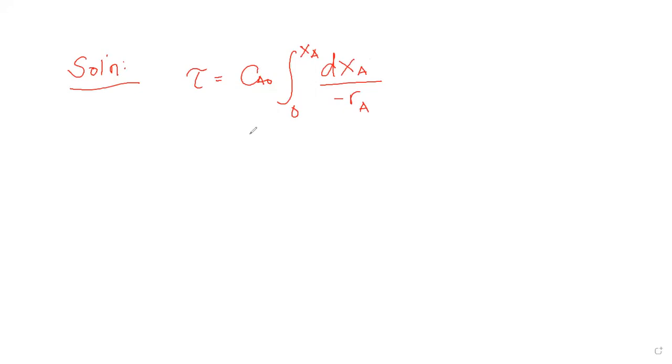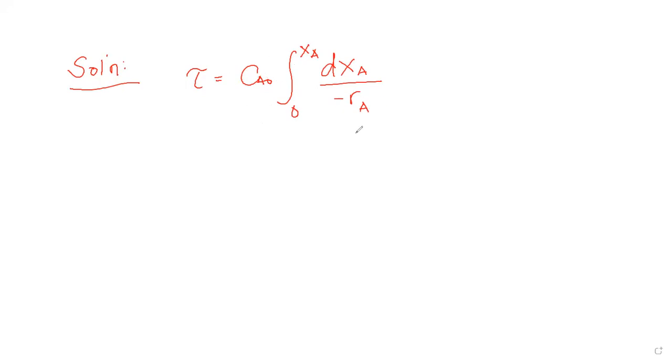So the integral on the right side of the equation, when multiplied by CAO, will allow you to determine the space-time, or the time it would take for your particular designed reactor, in this case the plug flow reactor, to process 1 reactor volume of feed based on the desired degree of conversion. So this CAO is actually your NAO over VO, the initial volume. So this in itself is also a constant.